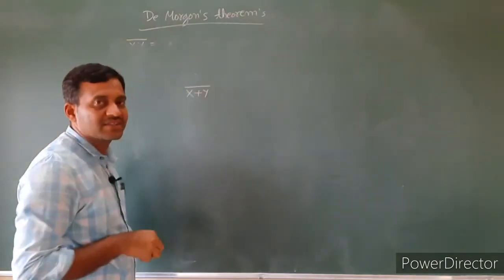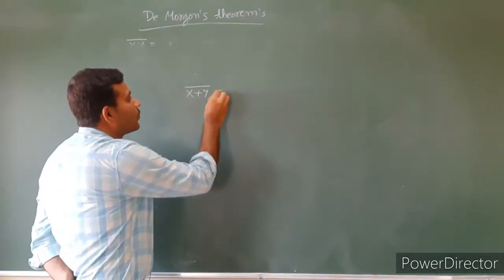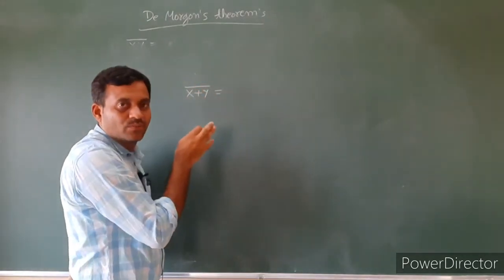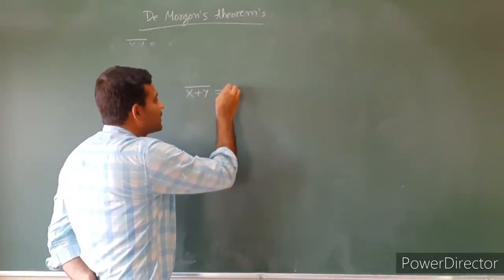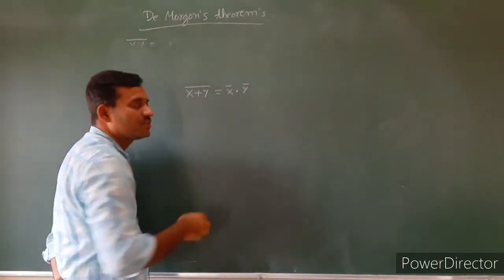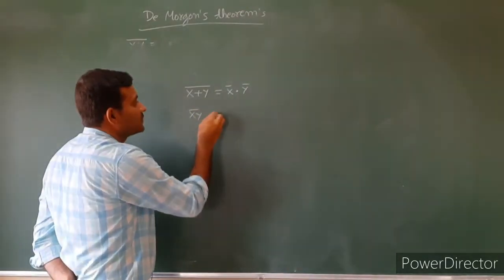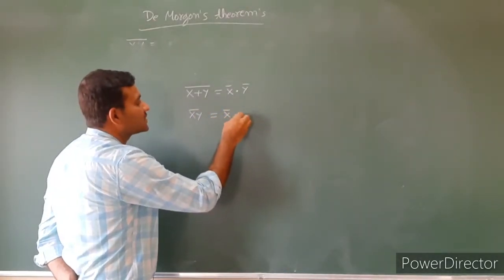There is a bar negation over the terms. If the over bar is split, it becomes x bar and y bar, and the operation between the variables is also changed. Then xy whole bar becomes x bar plus y bar.